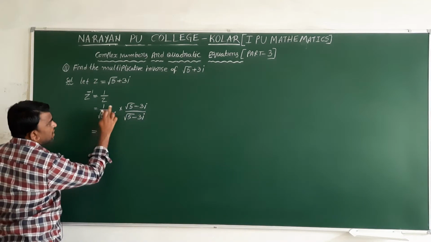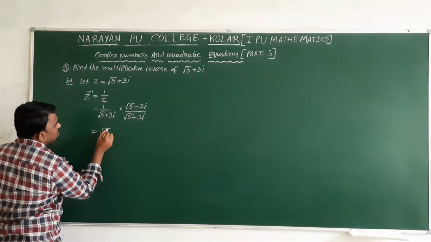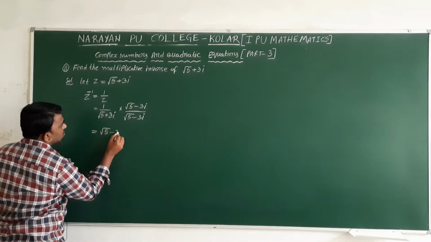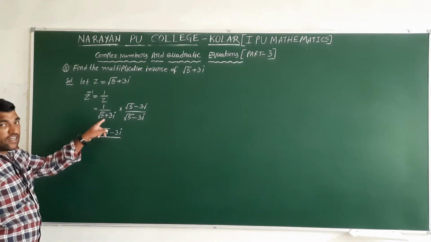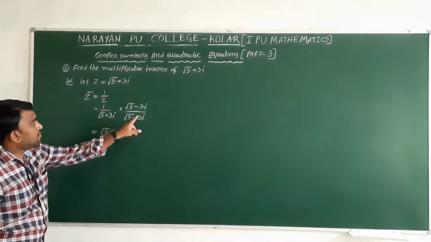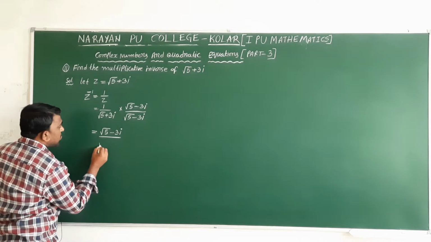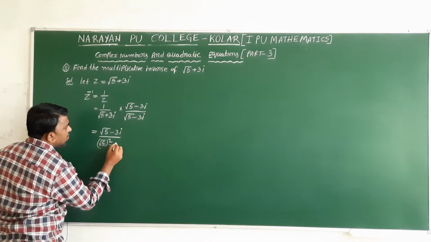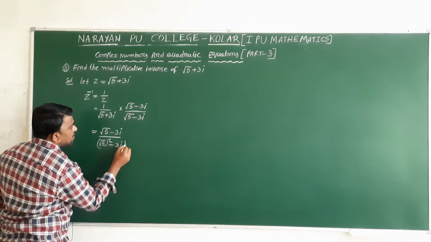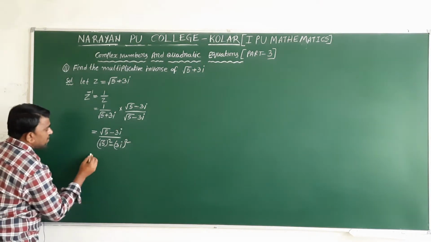Now numerator multiplication: 1 into root 5 minus 3i is root 5 minus 3i. The denominator is in the form of a plus b into a minus b, and the formula is a square minus b square: root 5 whole square minus 3i whole square.